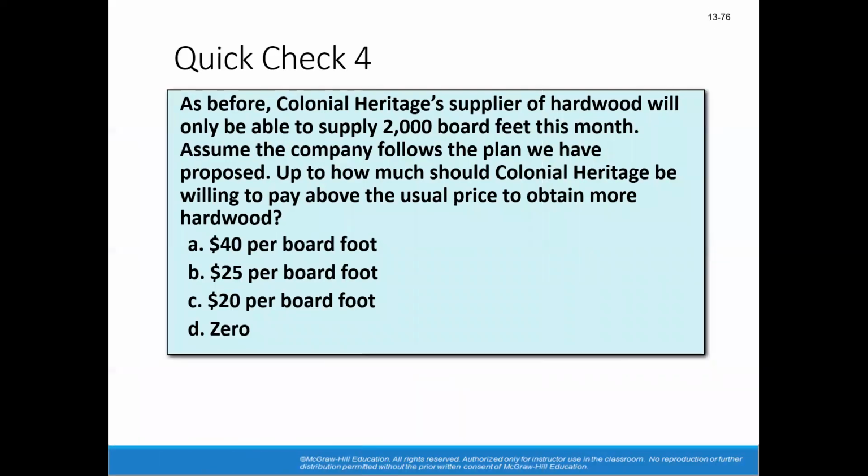As before, Colonial Heritage's supplier of hardwood will only be able to supply 2,000 board feet each month. Assume the company follows the plan we have proposed. Up to how much should Colonial Heritage be willing to pay above the usual price to obtain more hardwood?